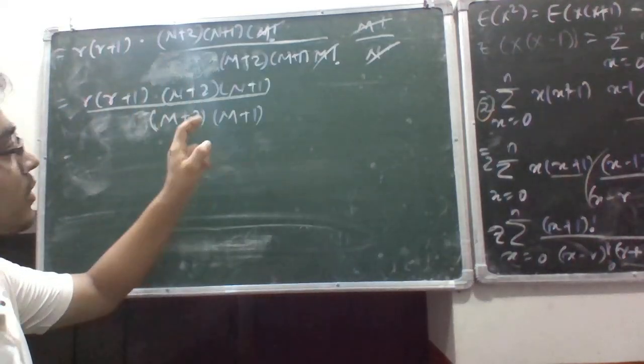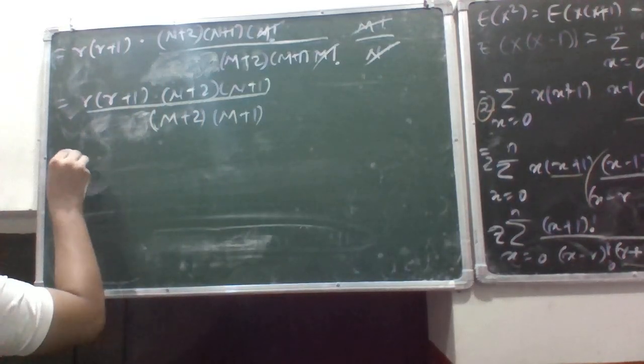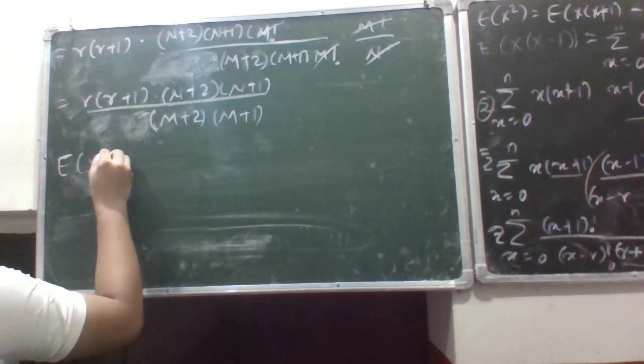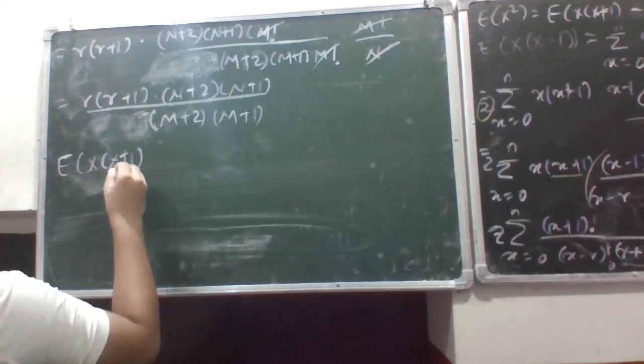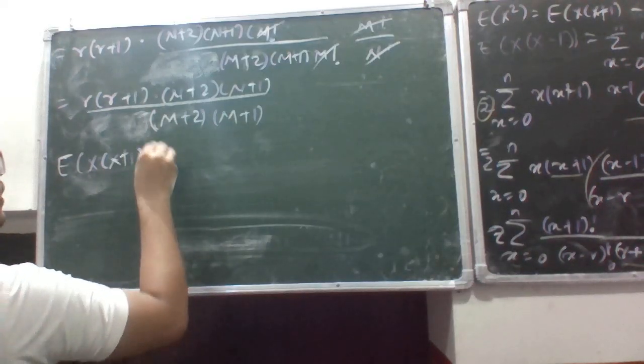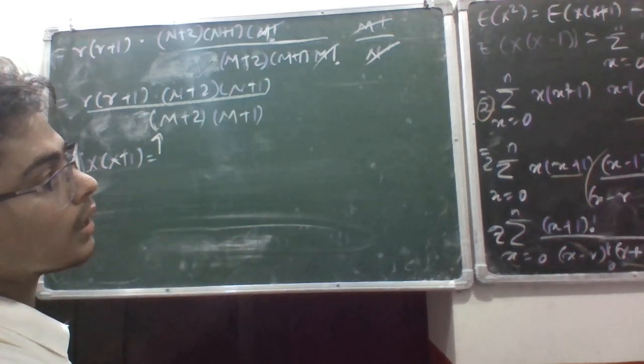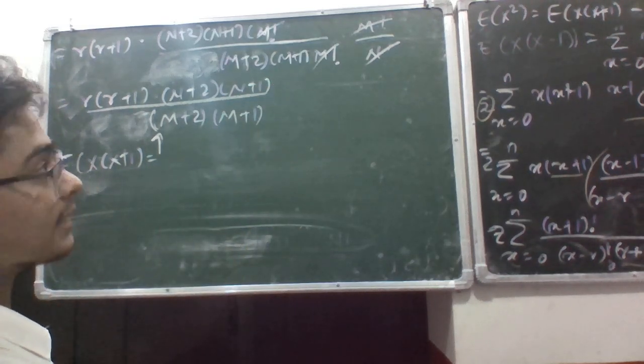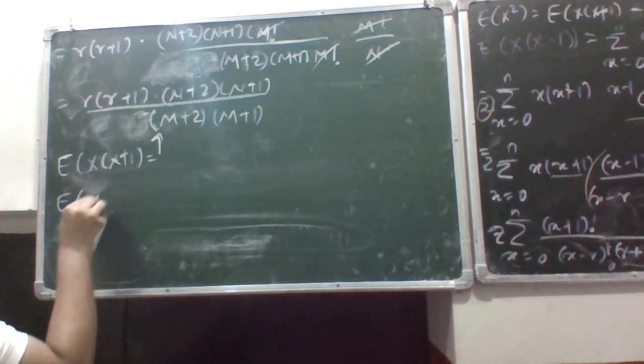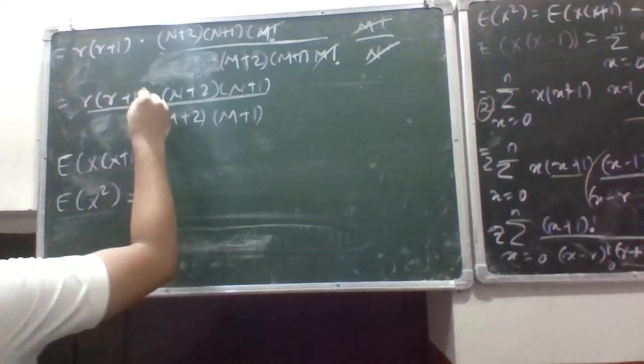On further inspection, we got this. This is expectation of x times x plus 1, equals this.